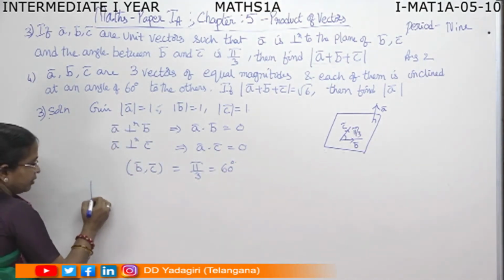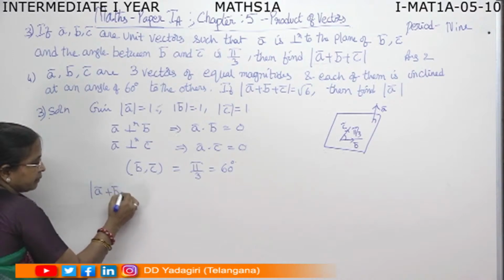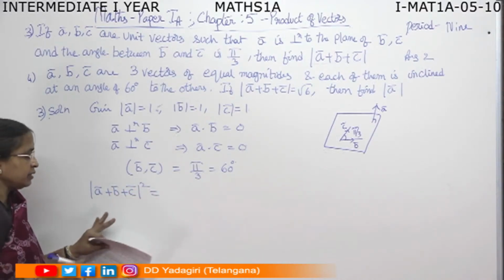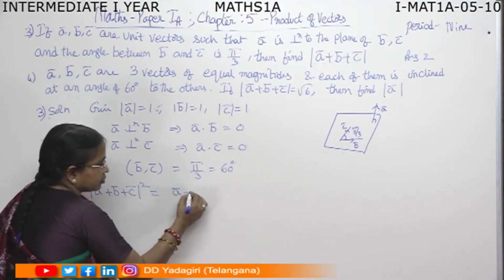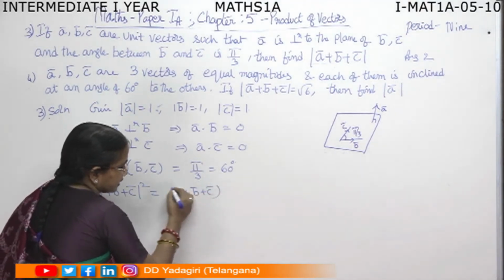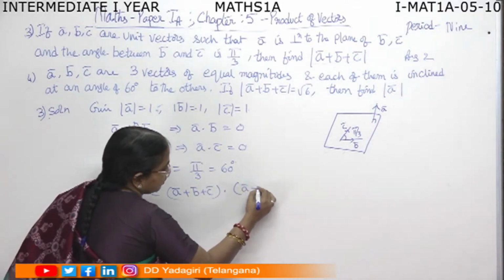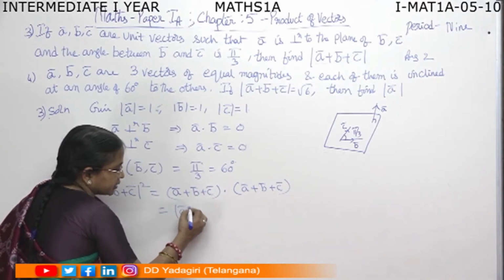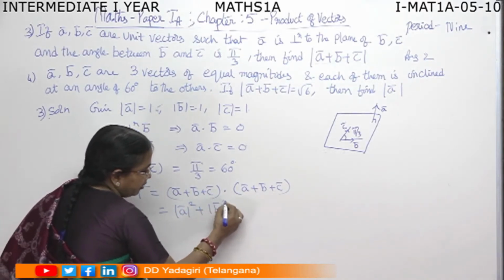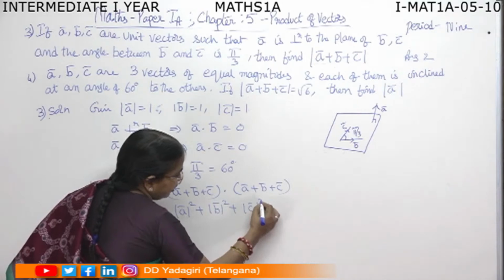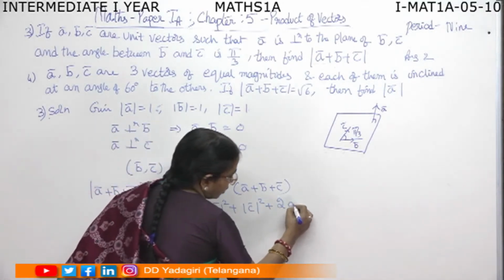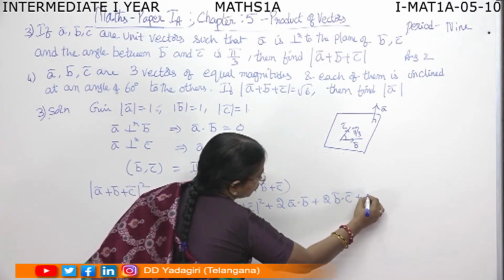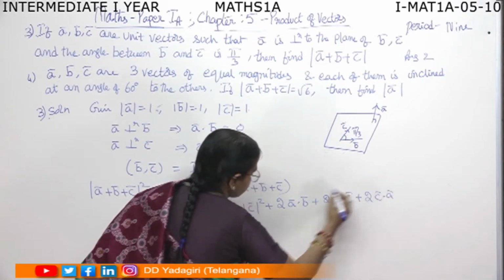Okay, now we'll find mod of A plus B plus C whole square. To find mod A plus B plus C, we always find the square and then take the root. So it is A plus B plus C dot A plus B plus C. You know the formula: mod A square plus mod B square plus mod C square plus 2A dot B plus 2B dot C plus 2C dot A. This is the formula.